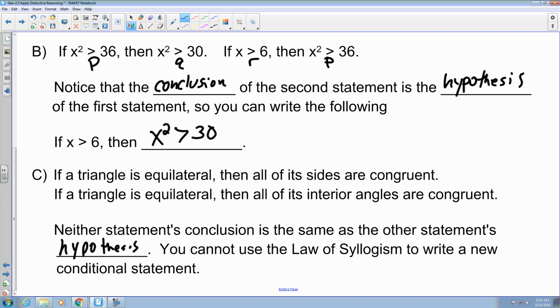You cannot use the law of syllogism to write a new conditional statement. For one, you have the same hypothesis in each one of them, giving you true conclusions, but you have to kind of flip those around in order to make that happen.